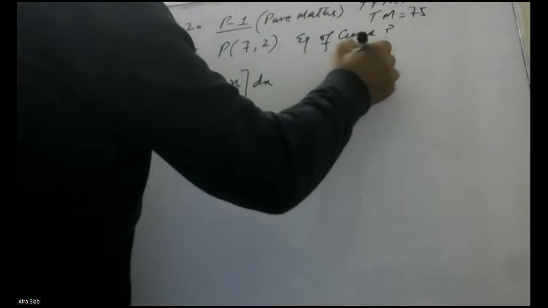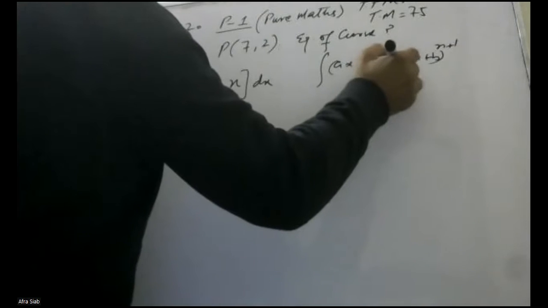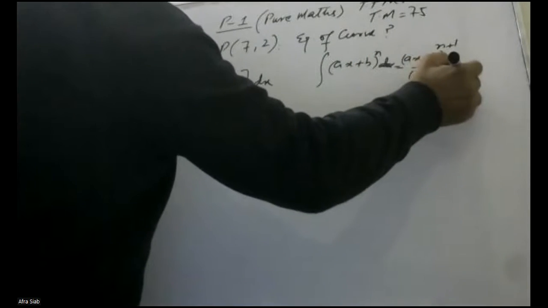Now, this is going to become equal to y, and we know ax plus b power n d of x is equal to ax plus b power n plus 1 over n plus 1 into a plus constant of integration, which is the formula for the power.